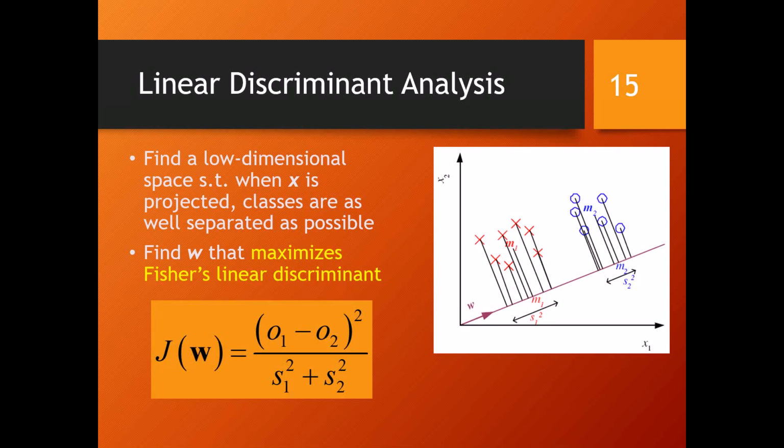So this is a wonderful discriminant. If we can find a way so that the centers of the projected data are as far away as possible, and the projected data of class 1 are as dense as possible, and class 2 are also as dense as possible, this is the idea of feature's linear discriminant.